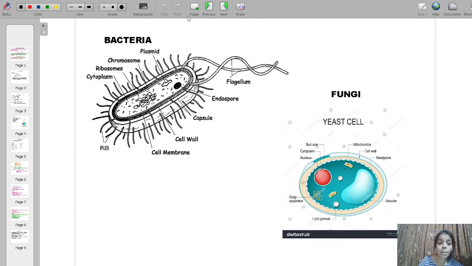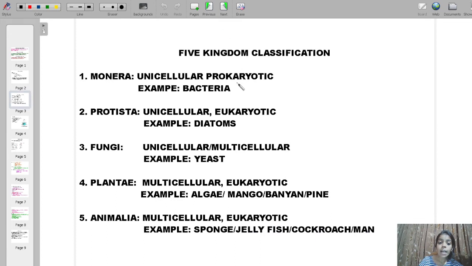An example, as shown in the previous slide, is diatoms, which are found in oceans, in seas. Protozoa is a kind of protist like amoeba, paramecium. Then euglena. These are all protistans. So they are unicellular, eukaryotic.